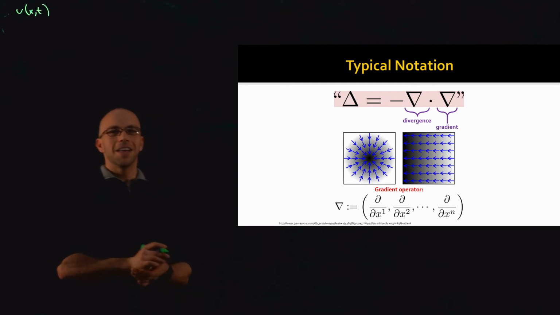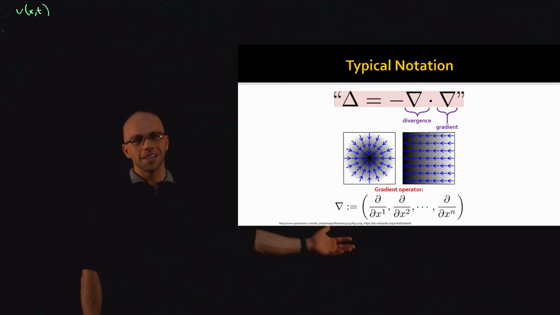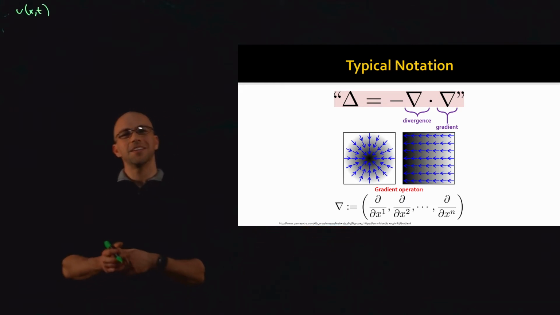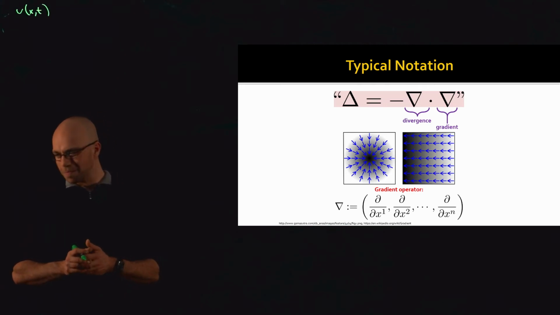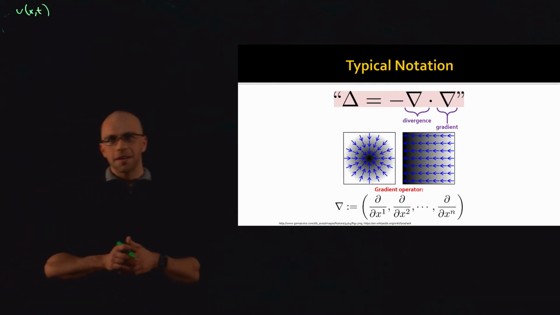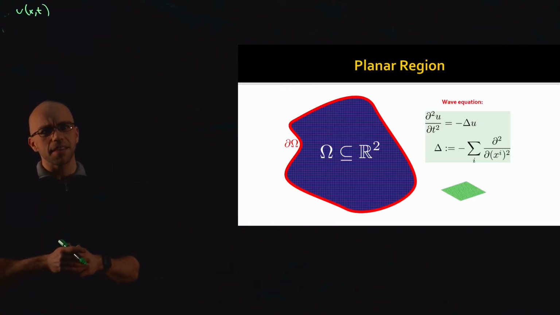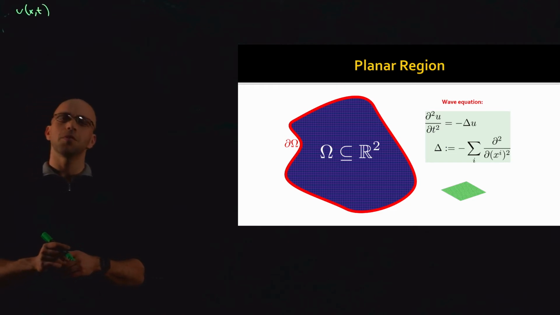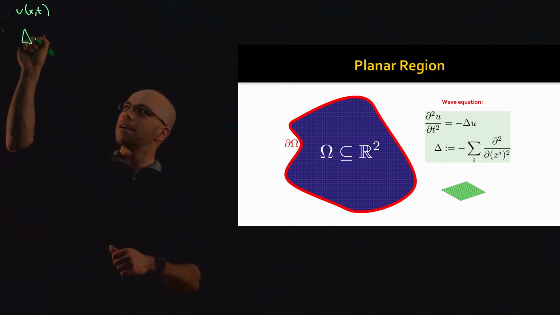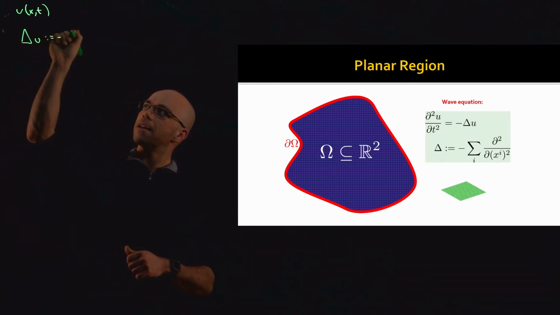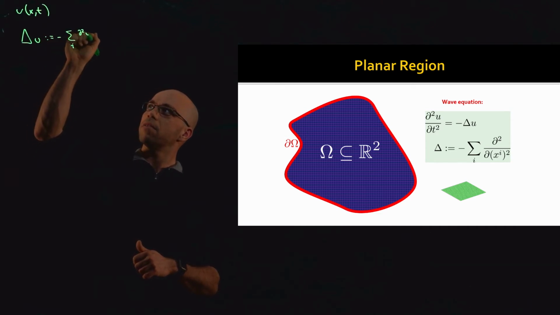So in particular, if we think of the gradient operator as like a vector of d over dx1, d over dx2, and so on, then the dot product is like the sum of second derivatives. So that's really where this notation is coming from. Now, one thing you might notice, which is kind of weird, is that this Laplace operator, the way that we've written it, is equal to minus the sum over i of the second derivatives of u in space.